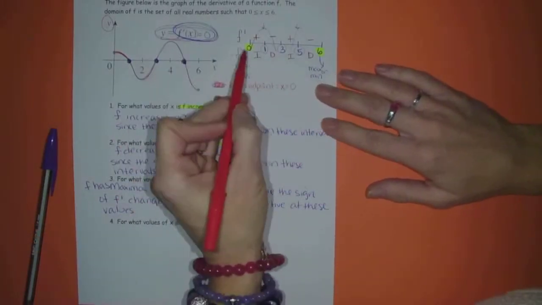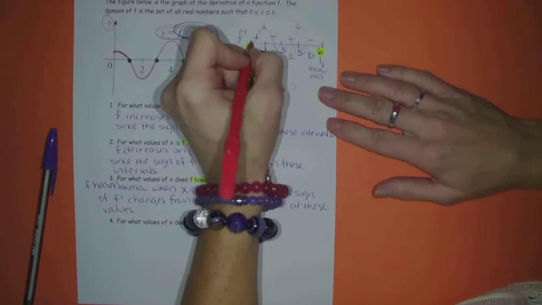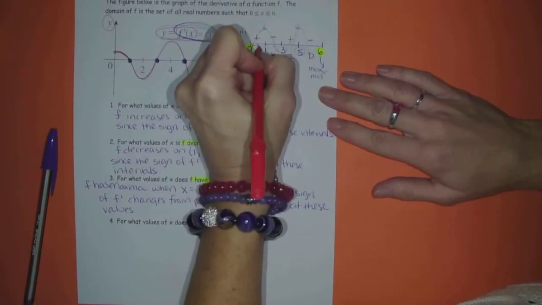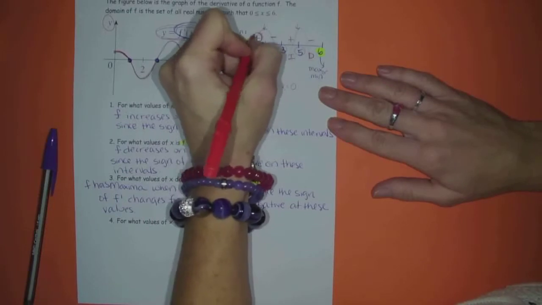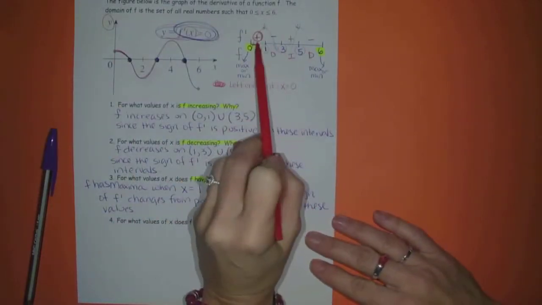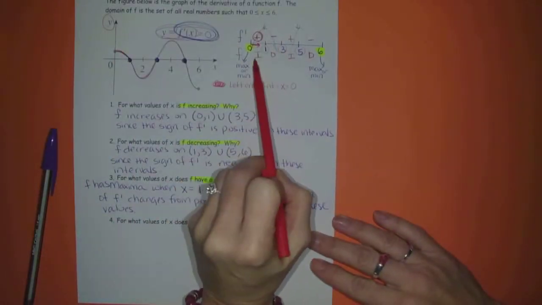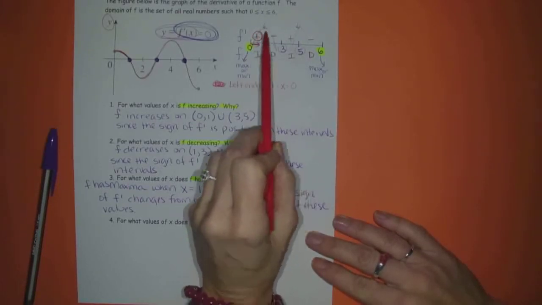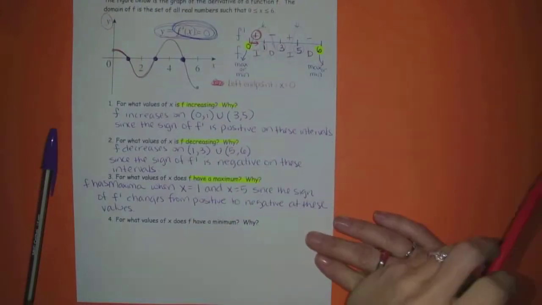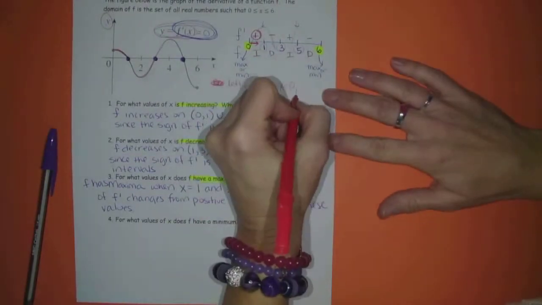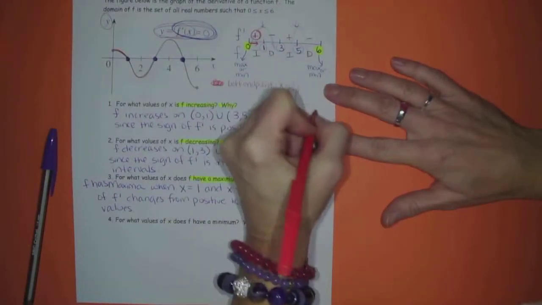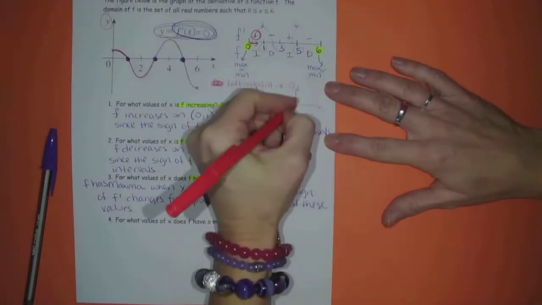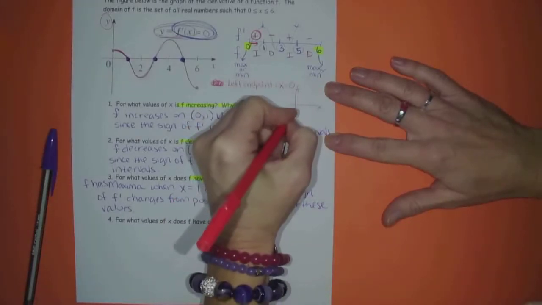So basically, look at it here. As we leave 0, as we take off to the right of 0, so we're leaving that endpoint, we increase. The slopes are positive, and f increases. So you're increasing just to the right of 0. Now think about it. If you were graphing your function f, the original graph, maybe you're at 0, negative 2, we don't know where we are on the y-axis.